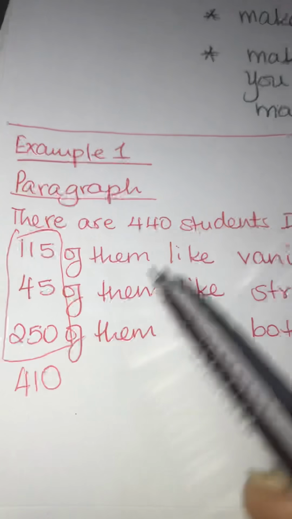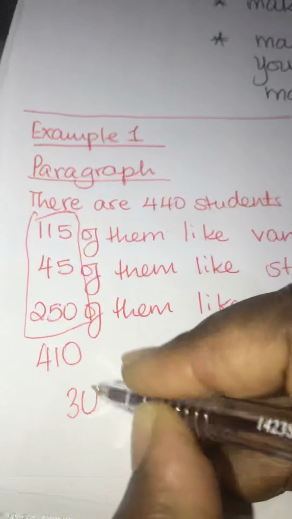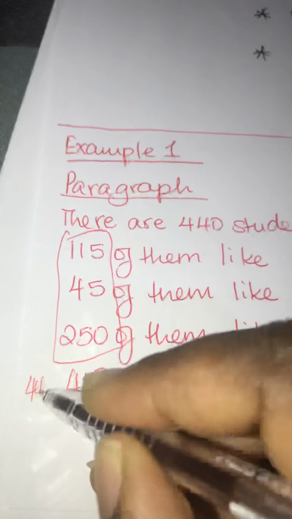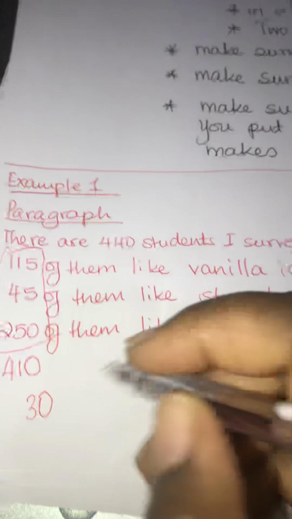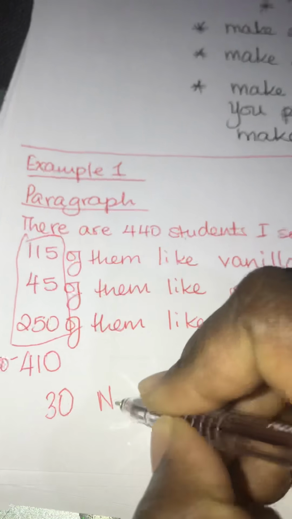I am missing 30 students. So these 30 students, how do I know? I will do 440 minus 410. It gives me 30. These 30 students, they don't like, so this will be neither.